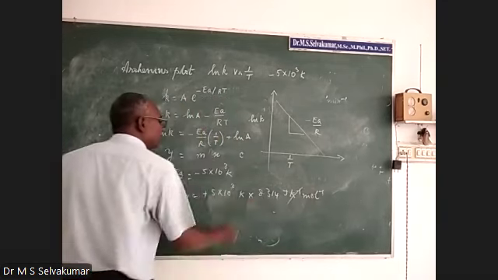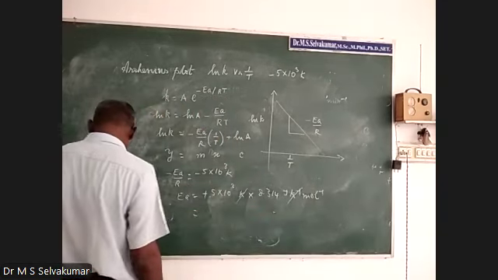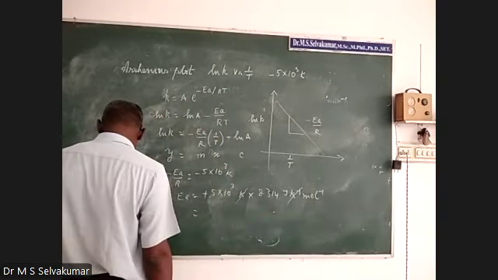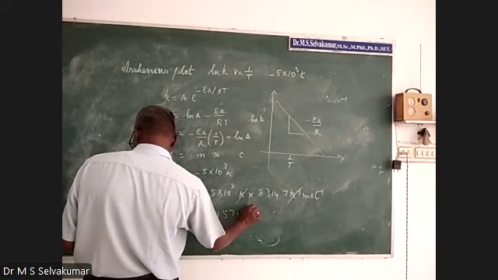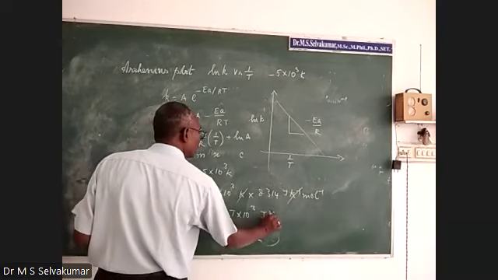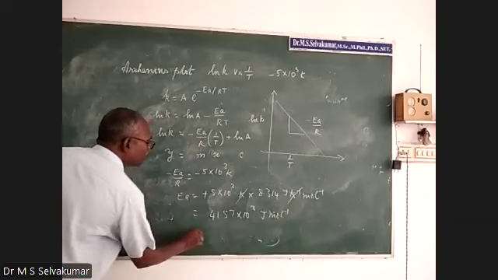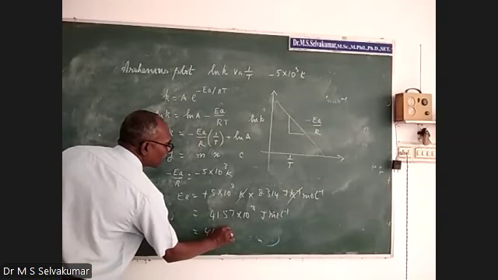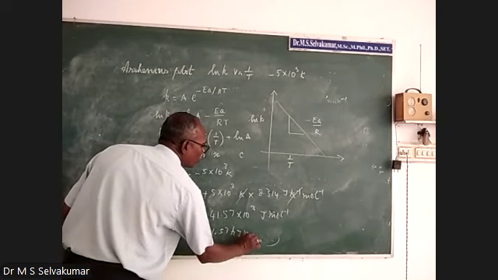So the per Kelvin and Kelvin will get cancelled. So the answer is 41.57 into 10 power 3 joule per mole, or it can be written as 41.57 kilojoule per mole.